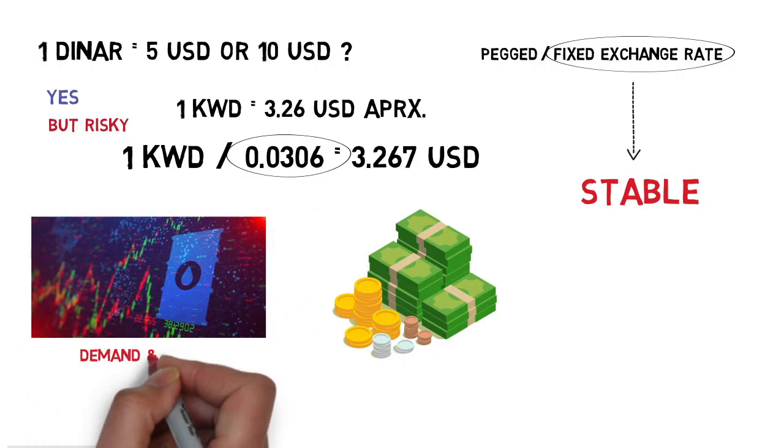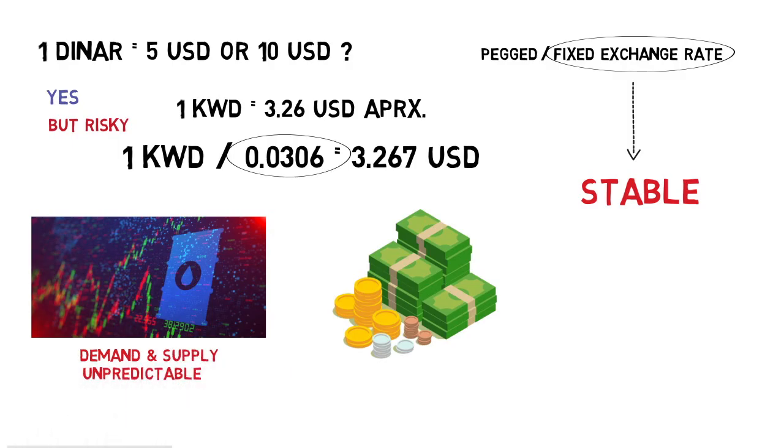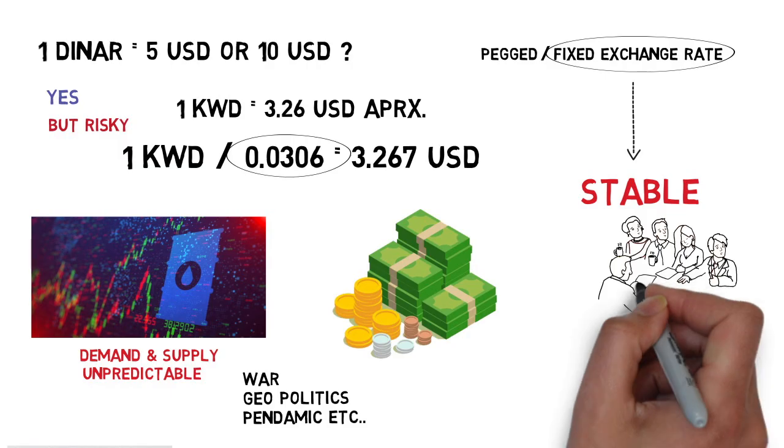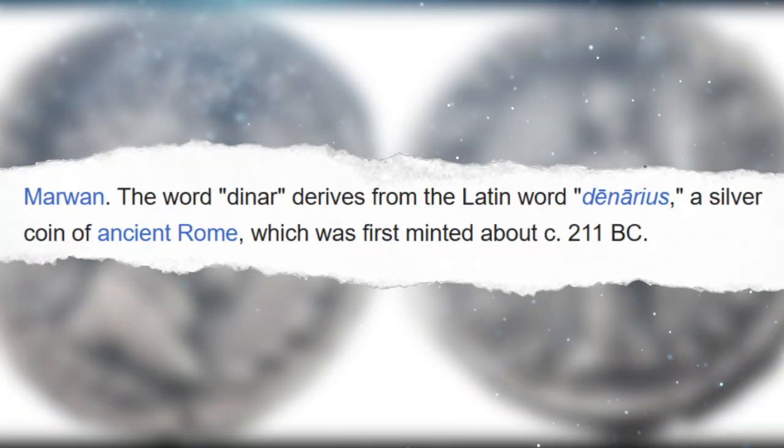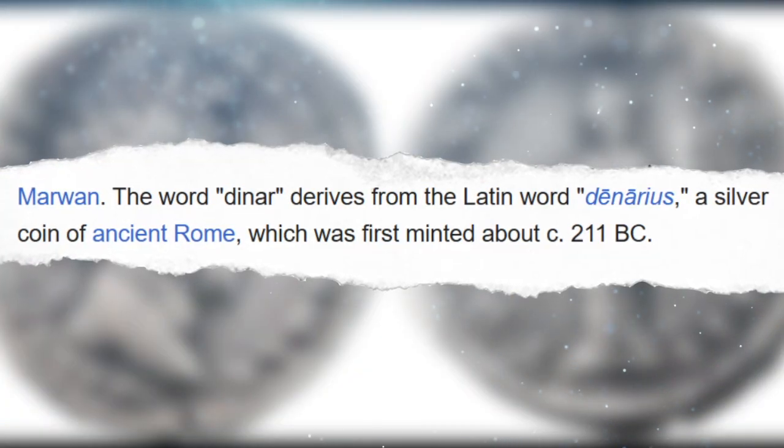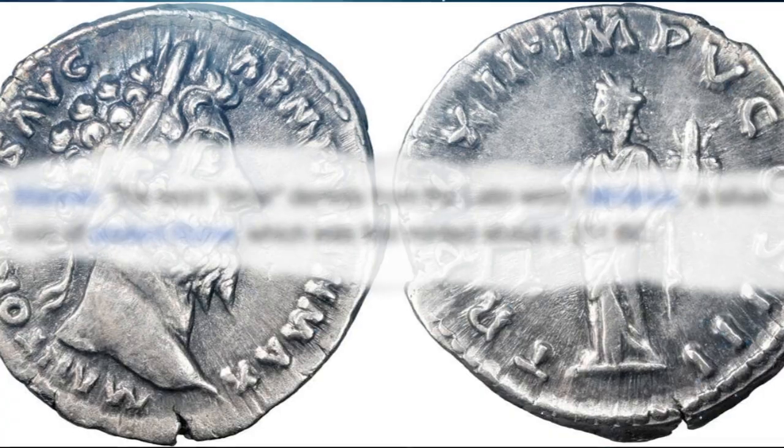However, in reality, oil demand and supply are highly unpredictable due to various factors and forces such as wars, geopolitical tensions, pandemics, etc. That's why, considering all these risky variables, an average and secure value is usually determined. Currently, that average is around $3.26.